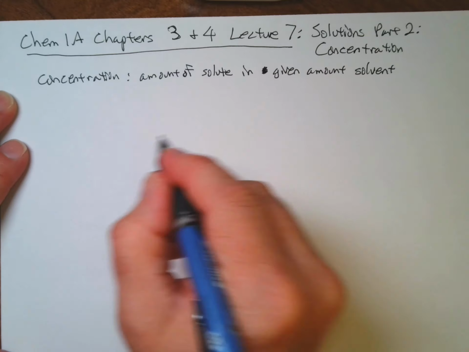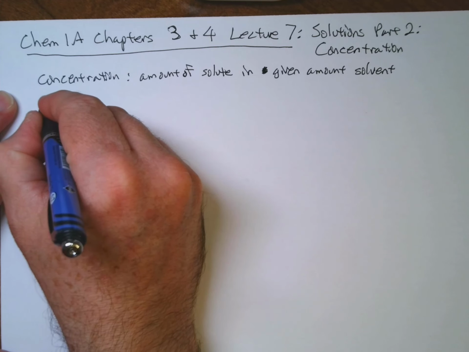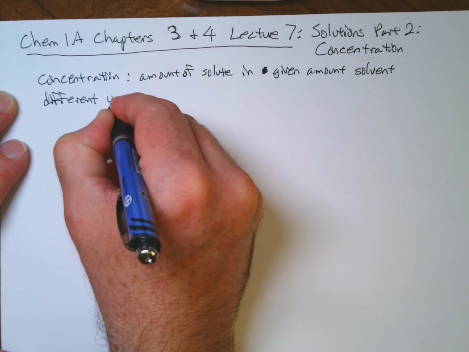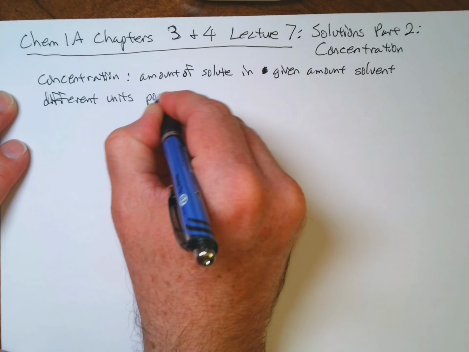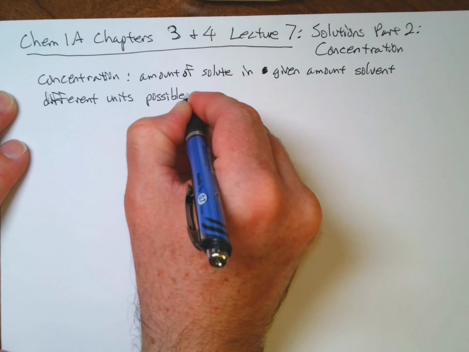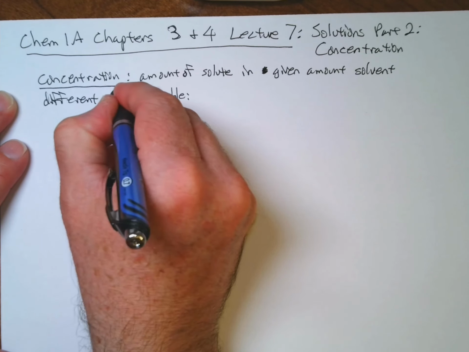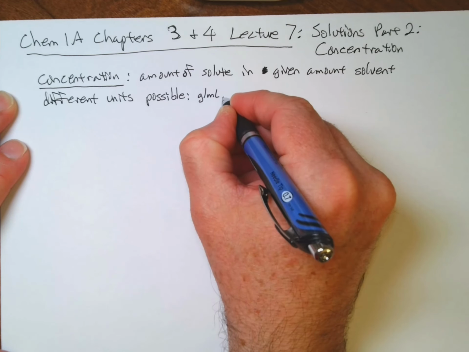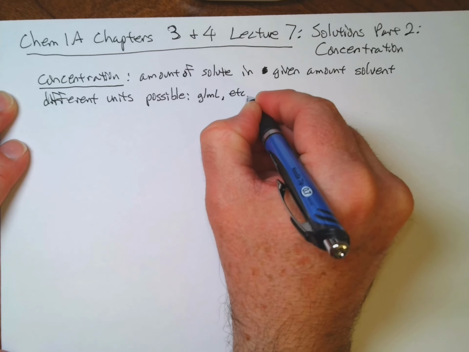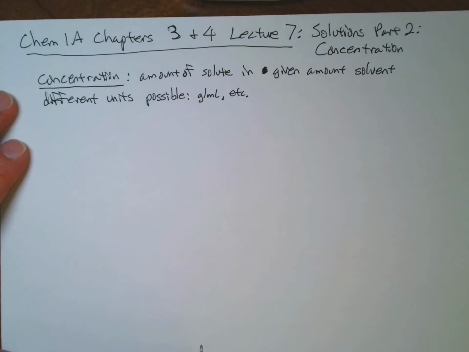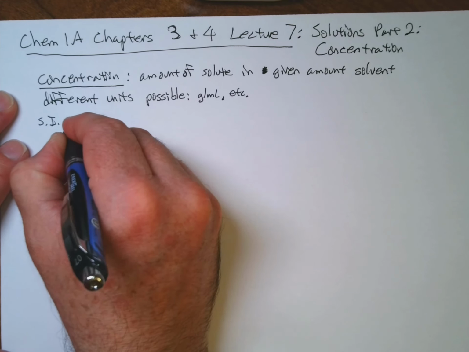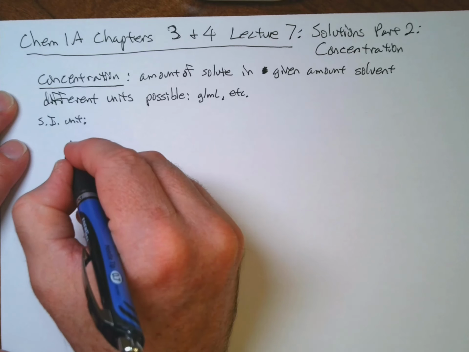And we can have different units. We could have things like grams per milliliter, stuff like that, but the unit that we're going to use is molarity.